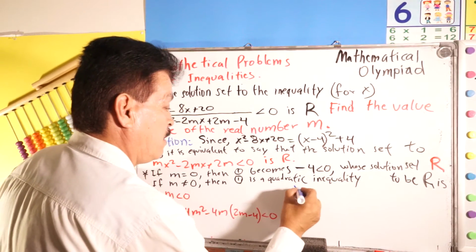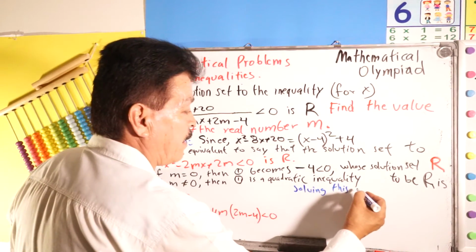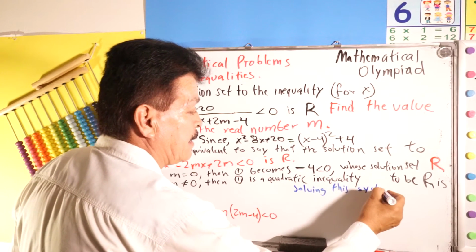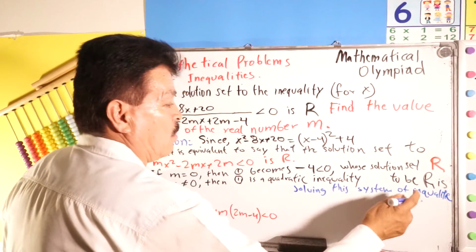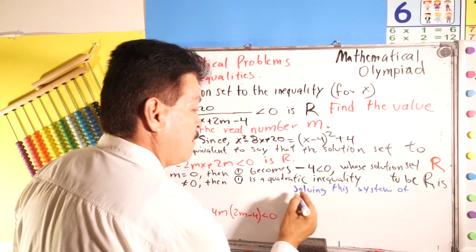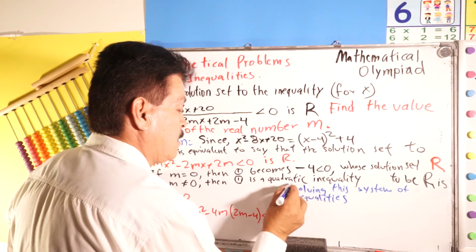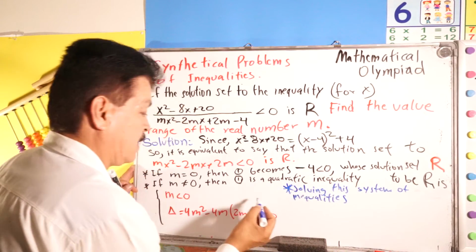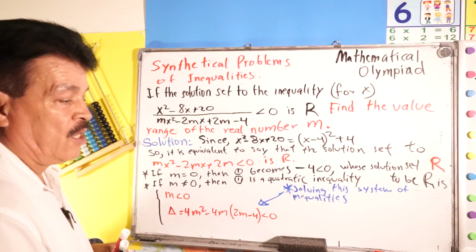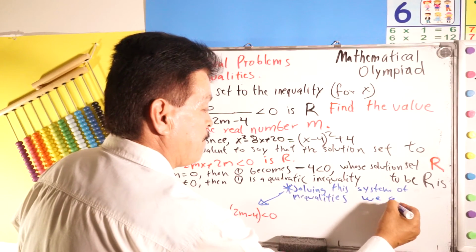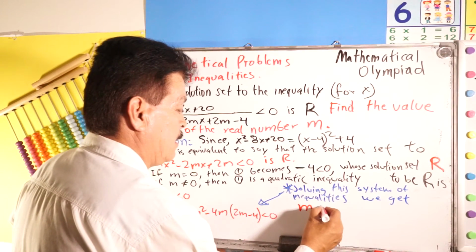Solving this system of inequalities, we get m less than 0.